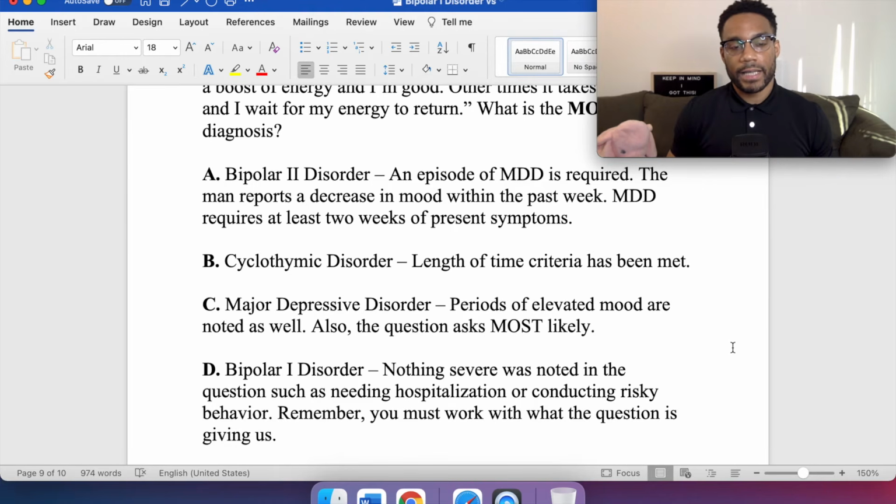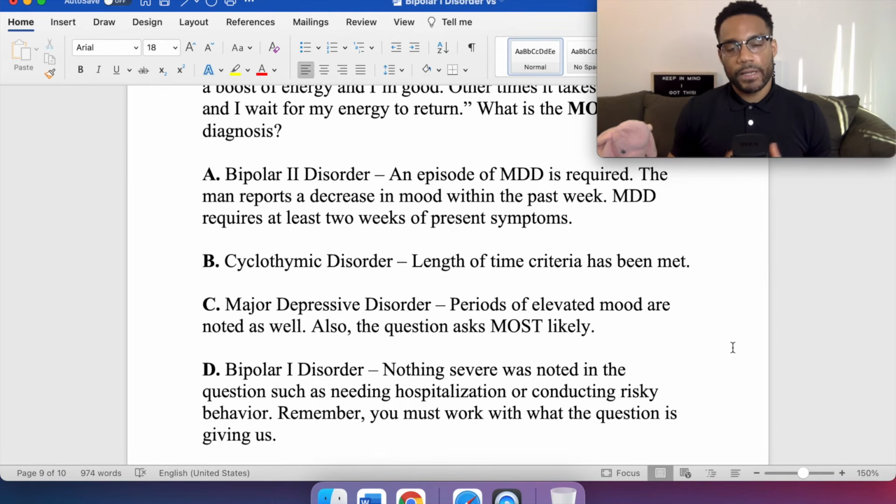So looking at answer choice A, bipolar 2 disorder, an episode of MDD, major depressive disorder, is required. The man reports a decrease in mood within the past week. MDD requires at least 2 weeks of present symptoms, and that's the criteria for MDD, needing that 2-week time frame.